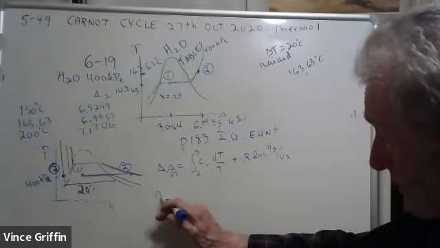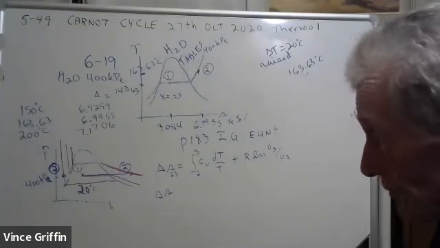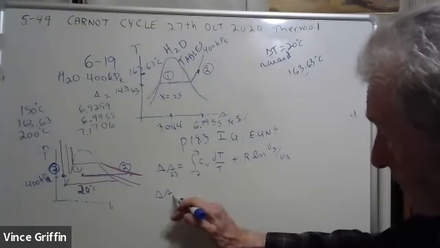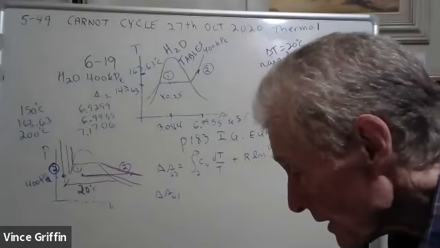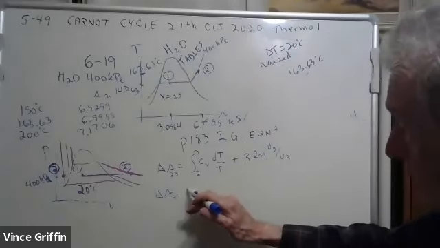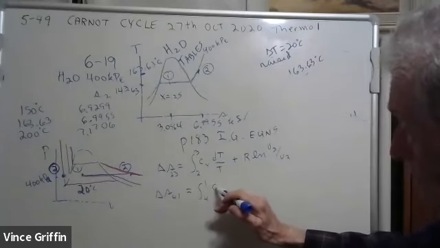But we could also do it from 3 to 4. No, from 4 to 1. Right? Yeah, from 4 to 1. And that would be the integral from 4 to 1.